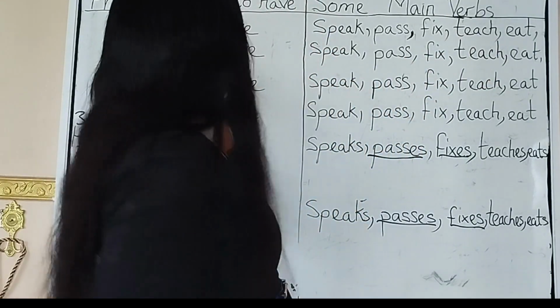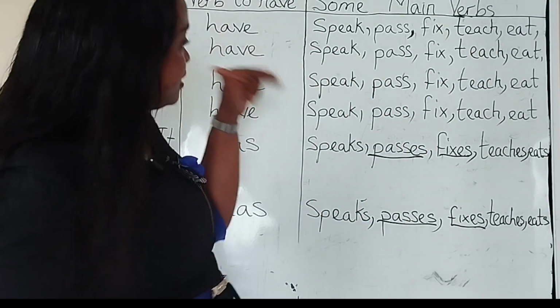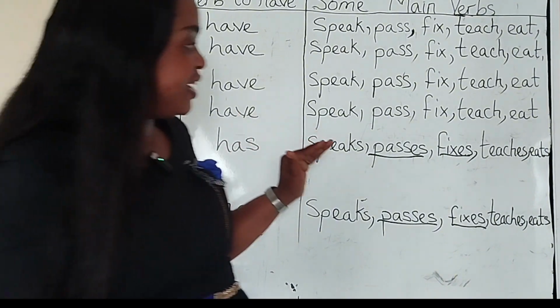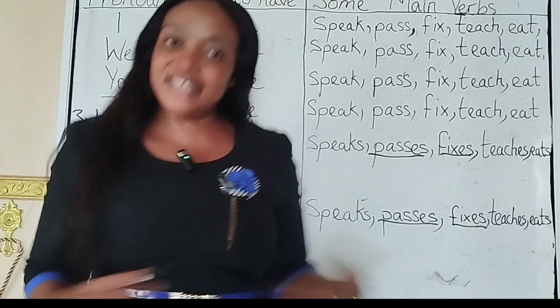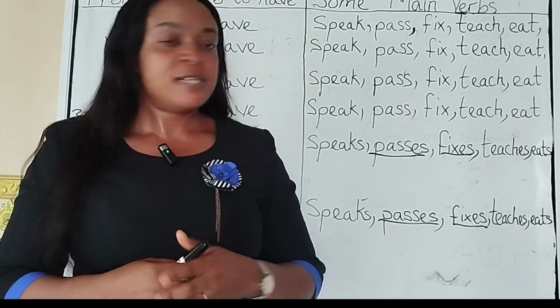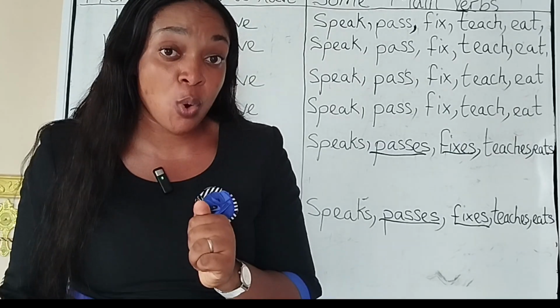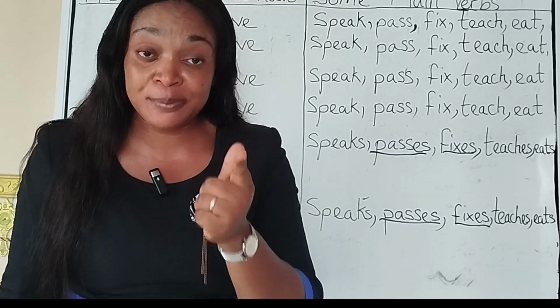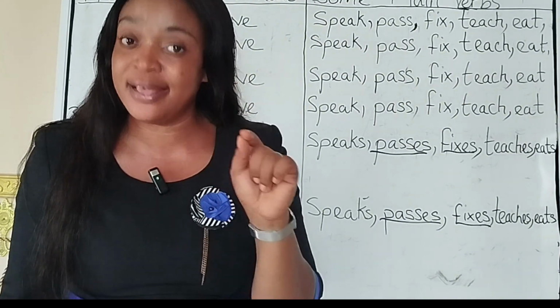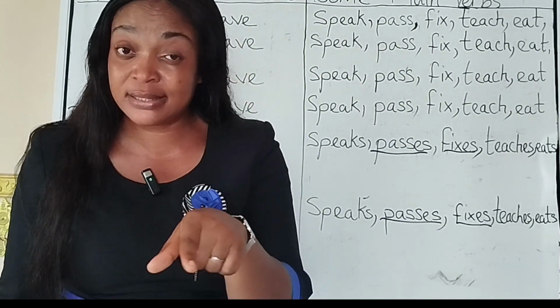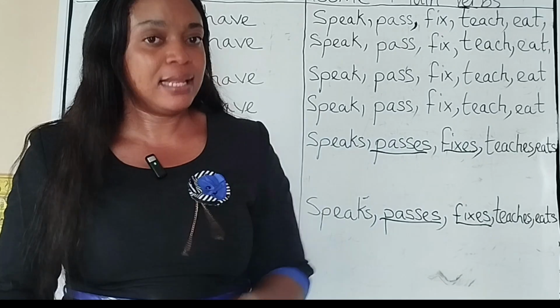Teach. I teach, we teach, you teach, they teach. He, she, it teaches. He teaches mathematics. She teaches English. Make sure that you note the verbs that would always take es and not s. I started with some of them last week.